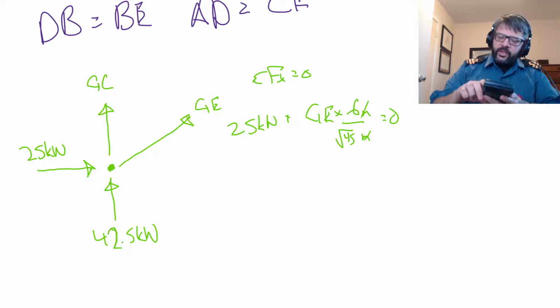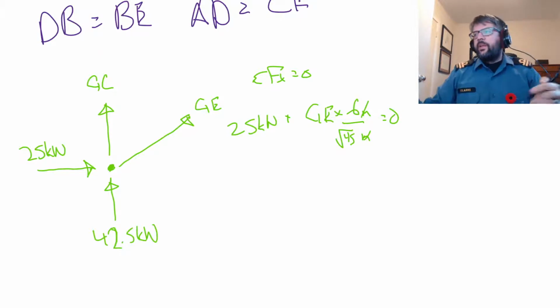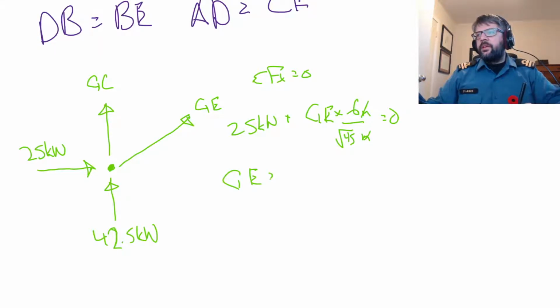So solving for GE, we get negative 25 kilonewtons divided by 6 over root 45. That gives us GE is equal to negative 27.95 kilonewtons.